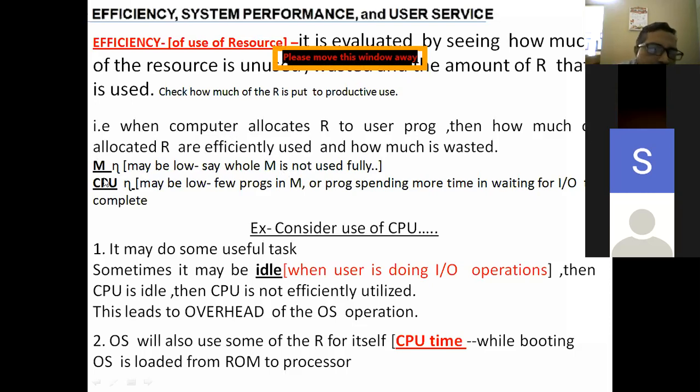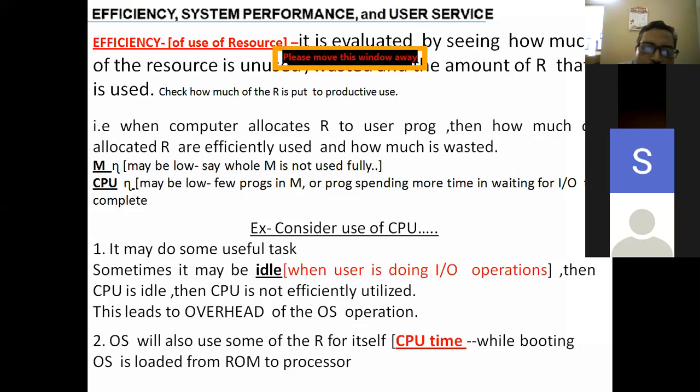In terms of CPU efficiency, it may be low if I have only a few programs in the memory, or if our process is spending more time waiting for input and output operations. If I have a lesser number of programs in the memory, I'll not be able to keep the CPU very busy.